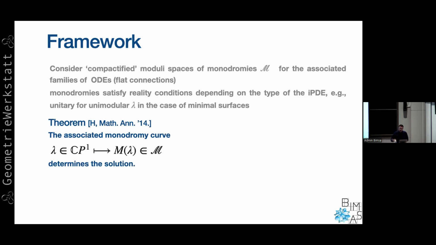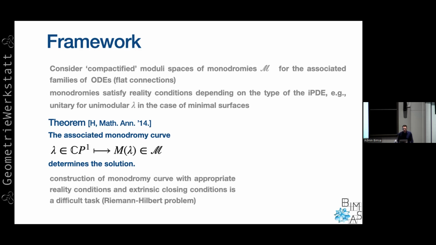Okay, so let's not go into that anymore, but let's look at some consequences. One of the important consequences of that setup is that this associated monodromy curve determines everything of the solution, right? You have that algebraic, that complex curve, CP1, sitting inside that complex space, which determines your solution and all its properties.